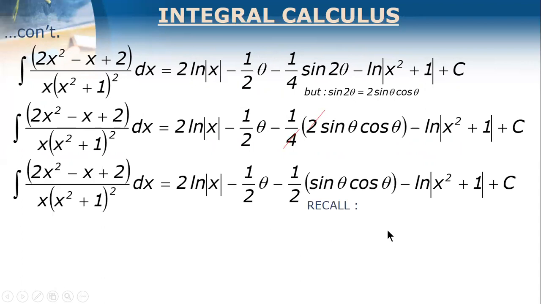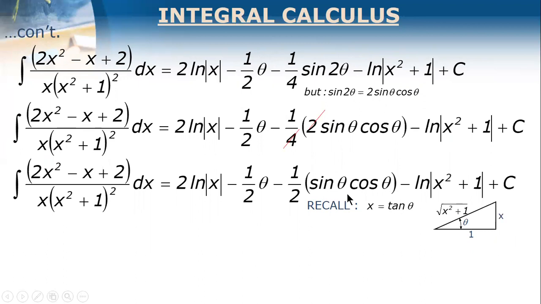So next is, this is our substitution: x equal to tangent theta. So from this triangle, tangent theta is x over 1. Right? x over 1. And the hypotenuse is the square root of x squared plus 1.